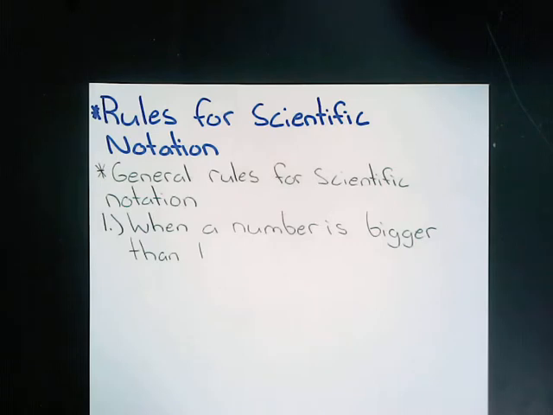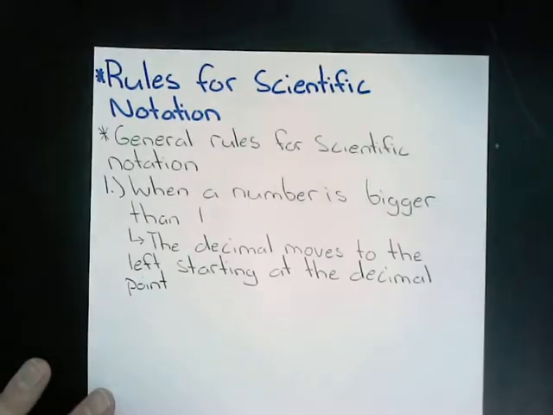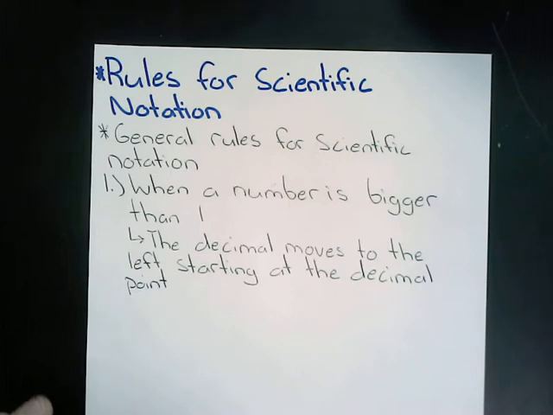The decimal in these numbers is going to move to the left starting at the decimal point. The number of places that decimal moves to the left is the positive power of 10 when we express our number in scientific notation.